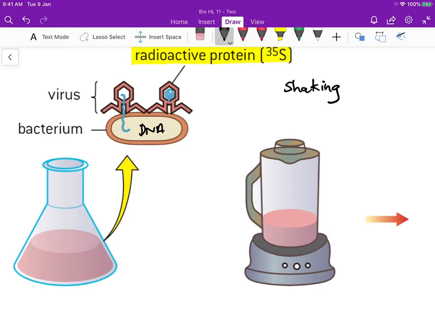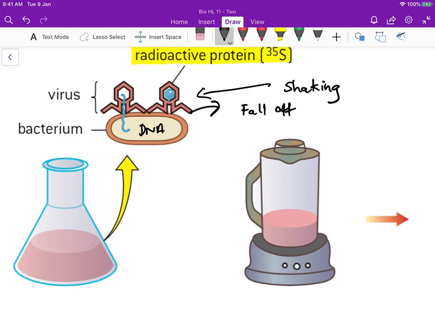And what this would do is it would dislodge, it would get the virus to fall off. So they were no longer attached to the outside of the bacteria.